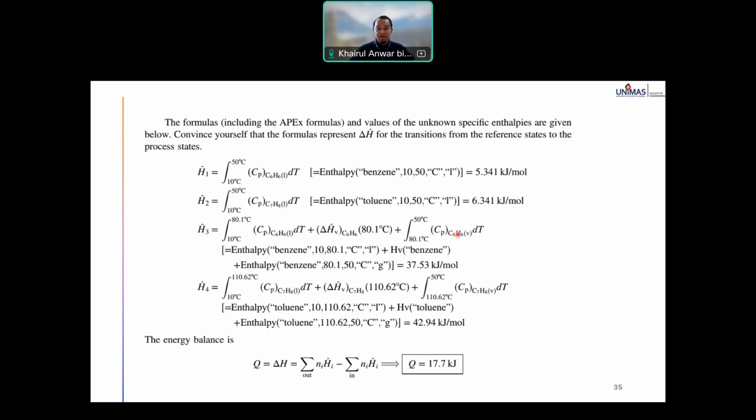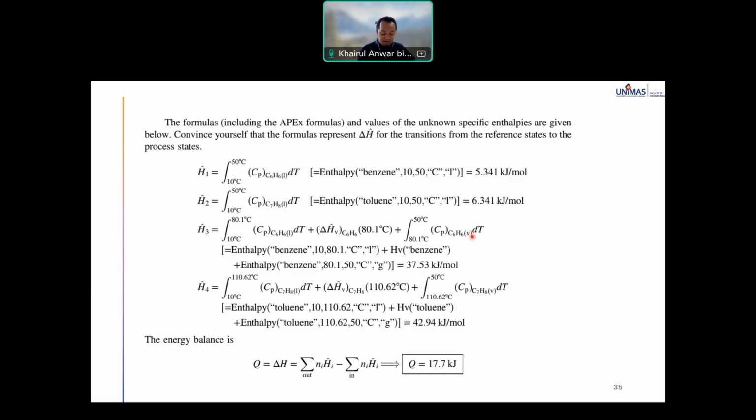Refer to CP here. In this case, CP still needs to refer to table B2, but now it's in vapor or gas form. So you need to choose set G. L is for liquid, G for gas, C for crystal.